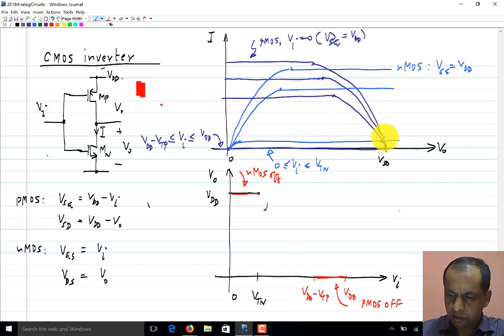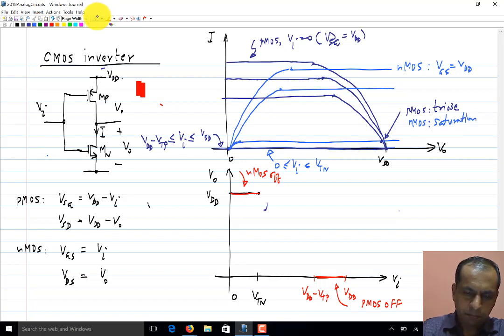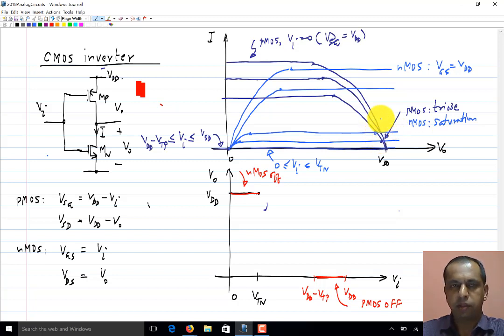So it's clear that at this point the PMOS transistor is in triode region, whereas the NMOS transistor is in saturation region. It will be like this. So the output voltage falls as it goes from here to there and so on.